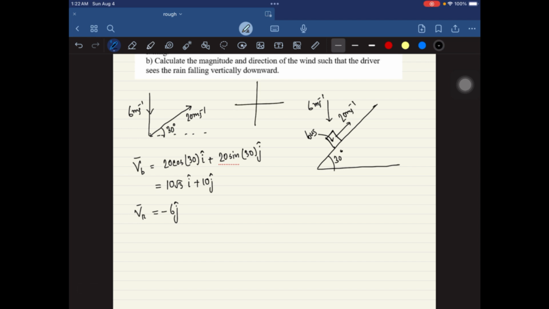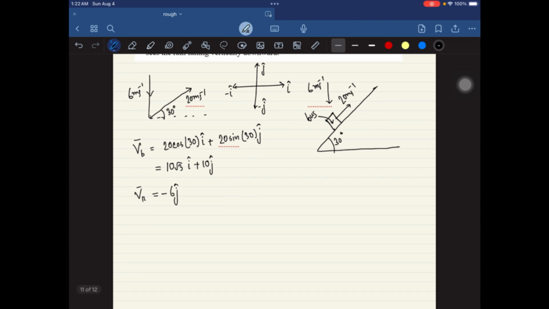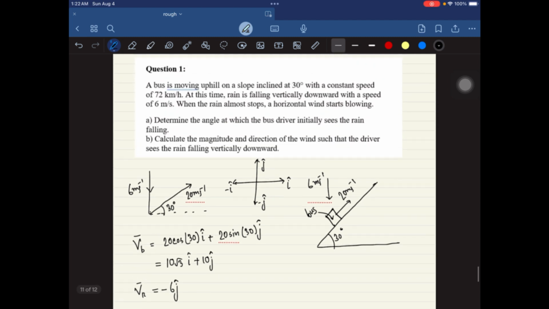In this coordinate system, there is i and minus i, j and minus j. So since rain is falling downward, V_R should be minus 6 j.